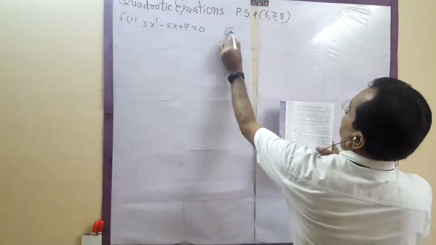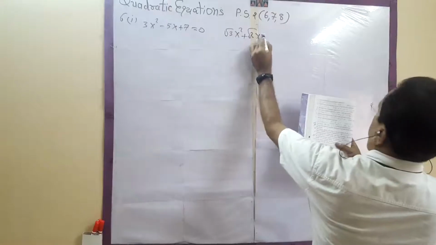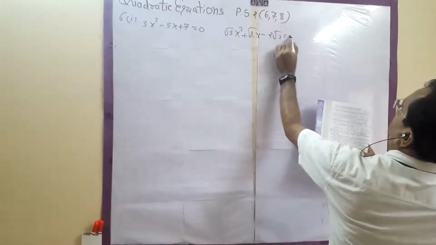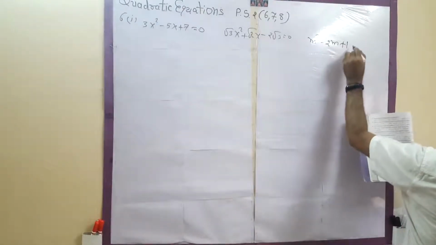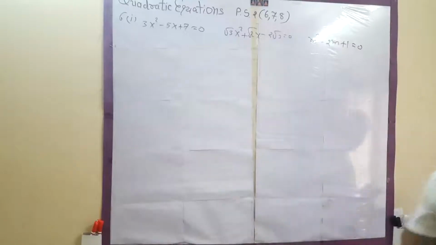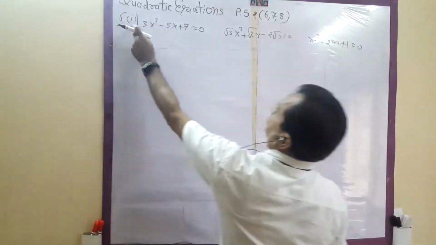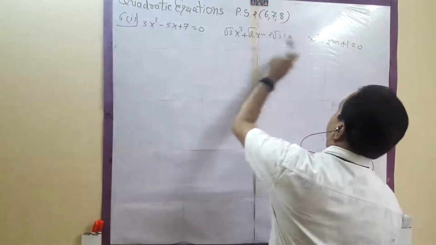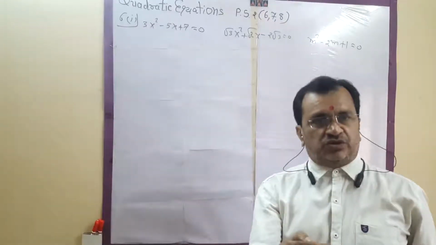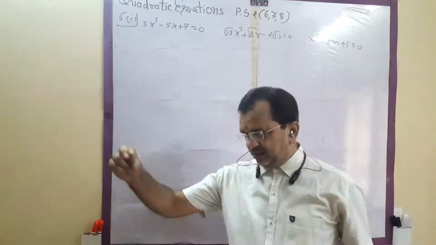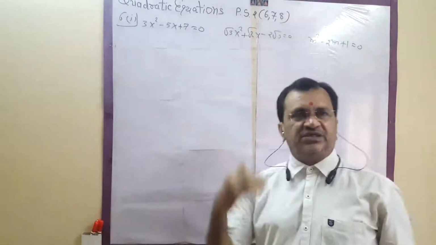There are three questions, 6.1, 6.2, 6.3. We have to find out the nature of the root. See, I will solve all three sums together, so that there is no repetition of the steps.